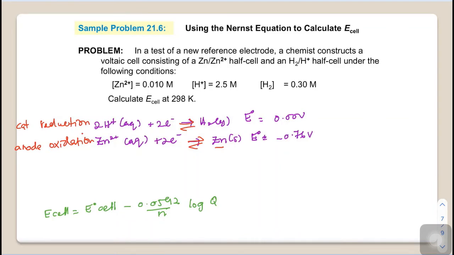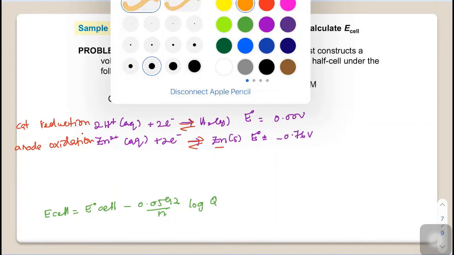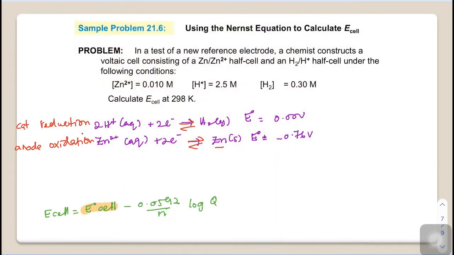What are the components that we have to calculate? First, we have to determine the E naught cell. Second, we have to know N, the total number of electrons transferred during the process. And then Q is the ratio between the products and reactants concentration. Let's write the overall equation first. Since zinc undergoes oxidation, let's reverse the equation.